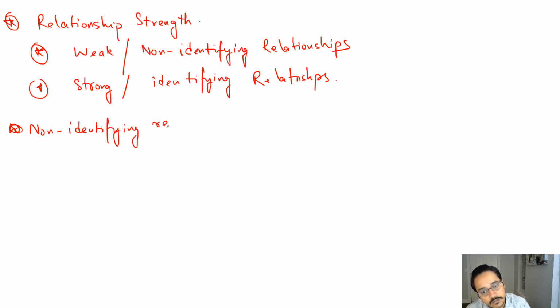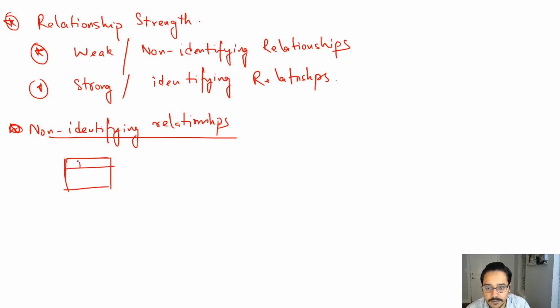So let's say if you have these two entities again, professor, and then you have, let's say it is mandatory for the sake of without any loss of generality, and then you have student. Okay.